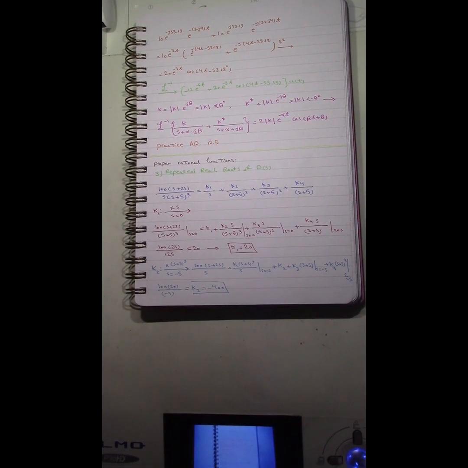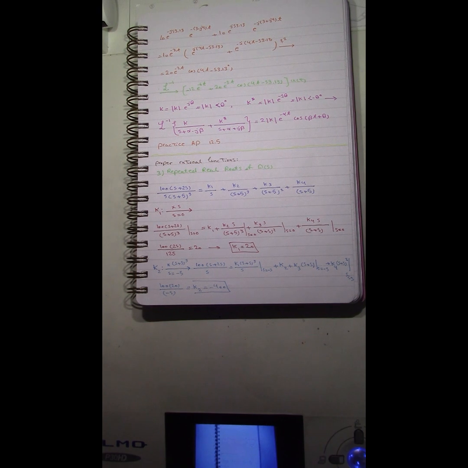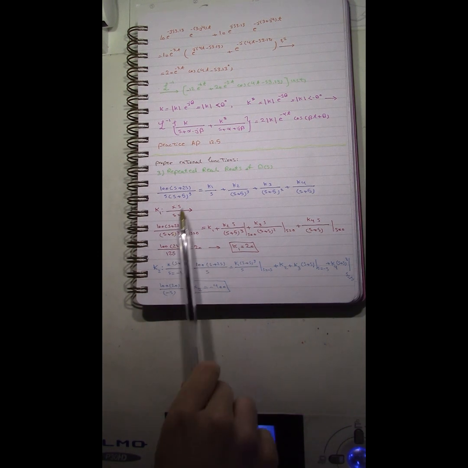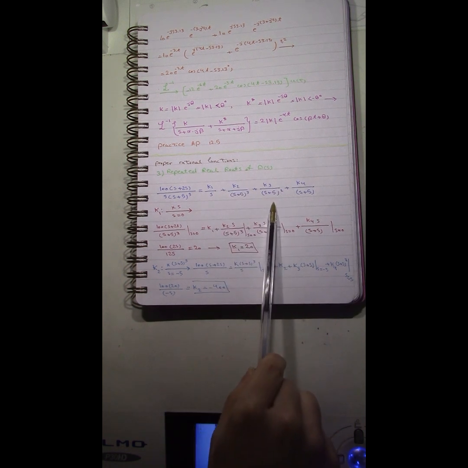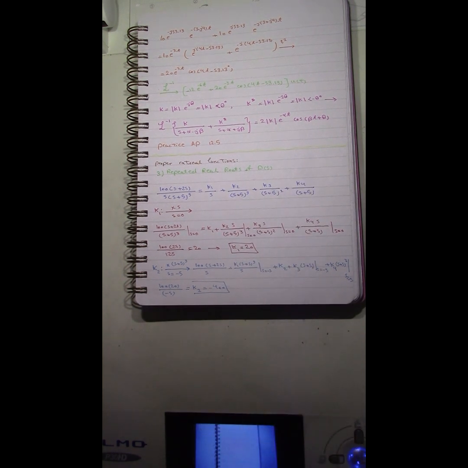For the repeated real roots of D(s), again, we are talking about proper rational functions. So if we have repeated real roots, k1 over s plus k2 over this term plus k3 over this one and plus k4 over s plus 5.